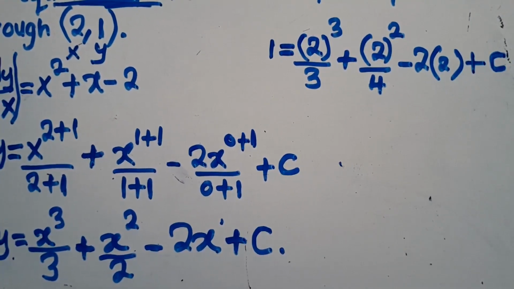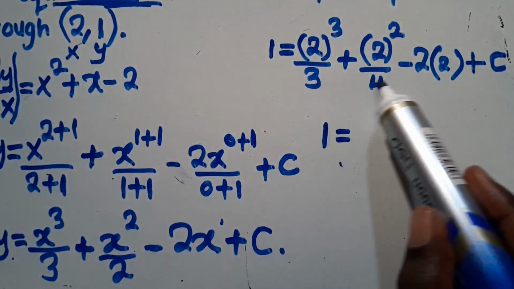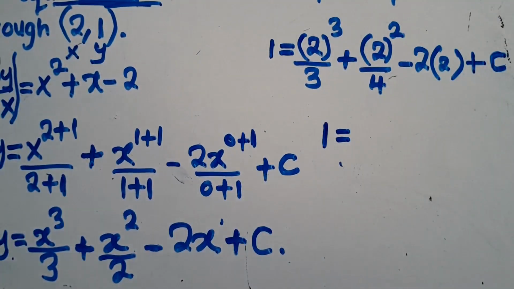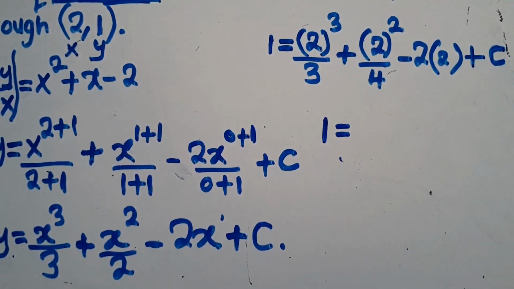So I've just substituted. So now I calculate this. You can use a calculator. You say 1 is equal to, you work out everything on your calculator so that it can be easy. You follow the steps where you say 2 to the power 3 over 3 plus 2 to the power 2 over 2.